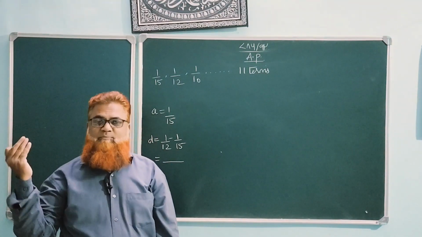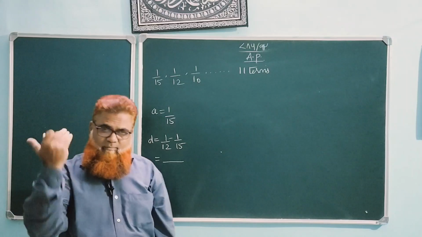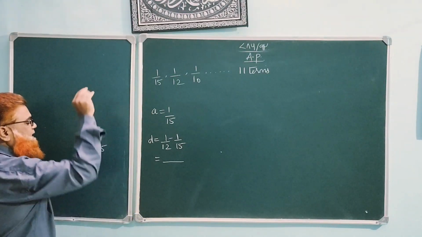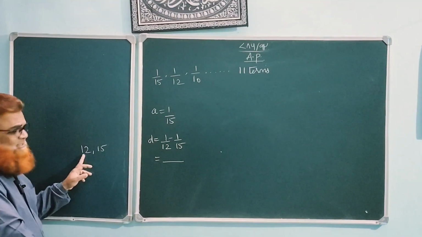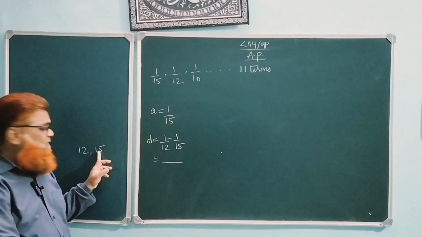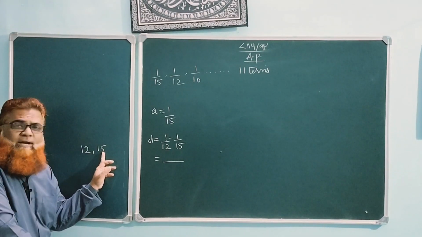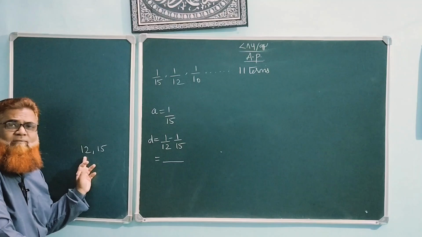I would like to recapitulate and remind you of my method, the trick of finding the LCM of two numbers. Does 12 divide 15? No, not at all. What is the number to be multiplied to 15 so that 12 can divide?